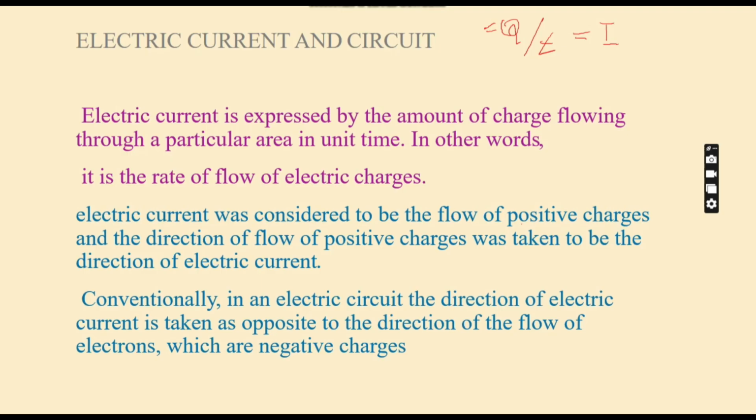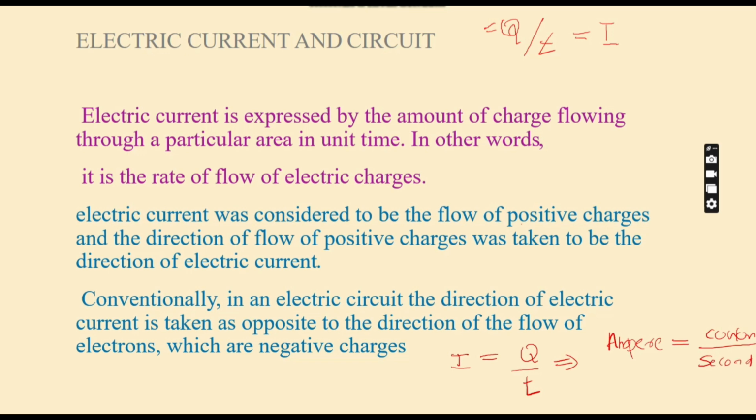So we can write the electric current I is equal to charge Q by T, and define 1 ampere. The unit of electric current I is ampere, the charge unit is coulomb, and the SI unit of time is second.